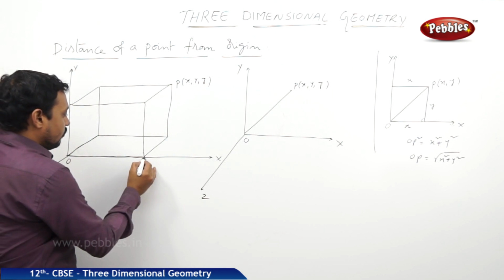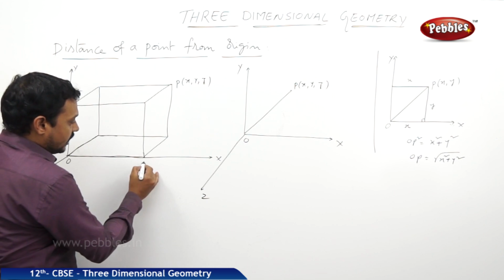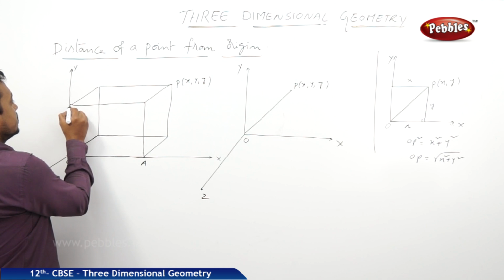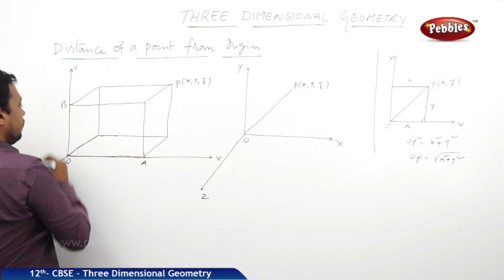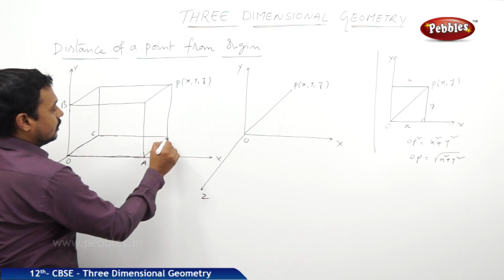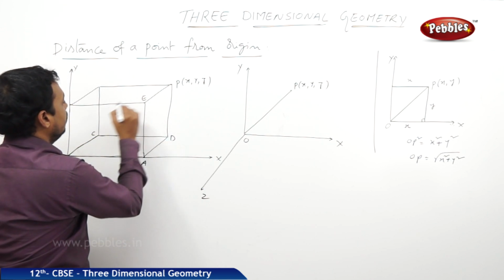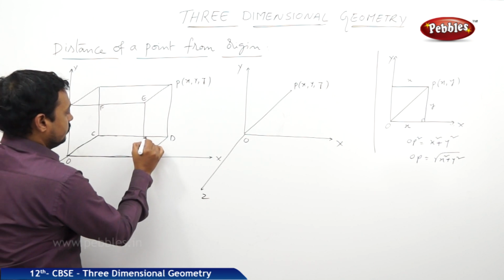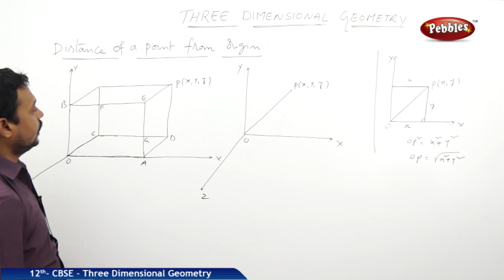Now, this vertex is on x-axis, let it be A. This vertex is on y-axis, let it be B. And let it be C, D, E, F and G.